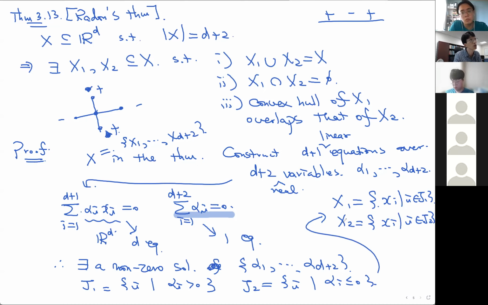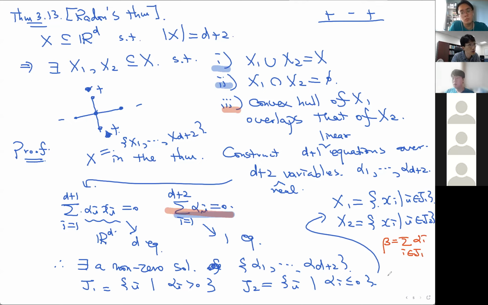Properties 1 and 2 are easy, since they come from the definition. Number 3 is the one that's not easy, but for number 3, if we use this equality, we define beta to be the sum of alpha_i over J1.